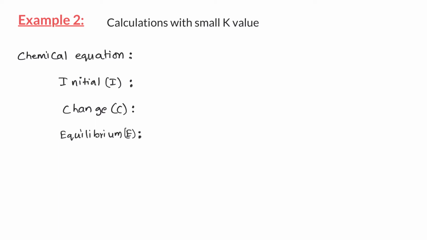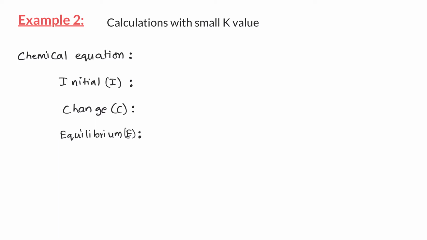We need to write the balanced chemical equation, the initial concentrations of all the reactants and products, the changes in these concentrations during the reaction, and the equilibrium concentrations of all the reactants and products.